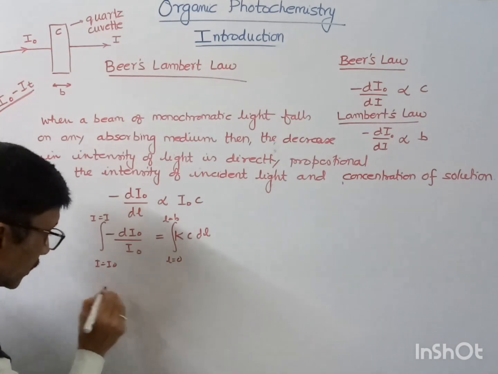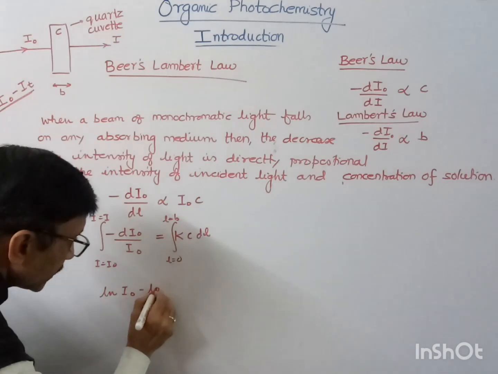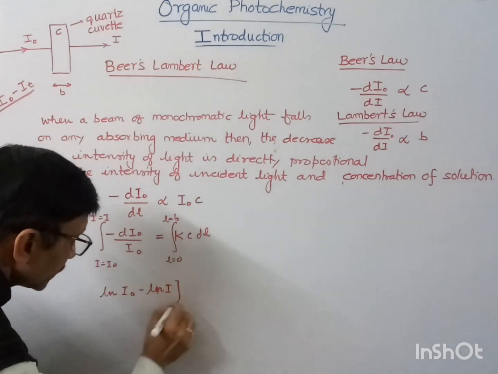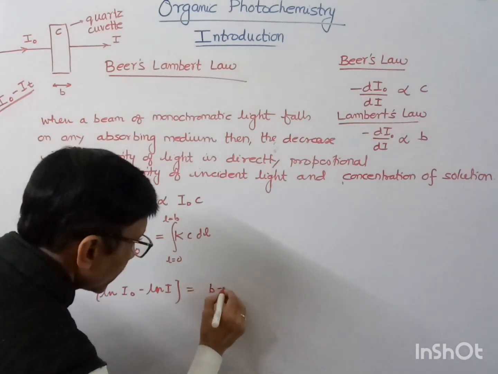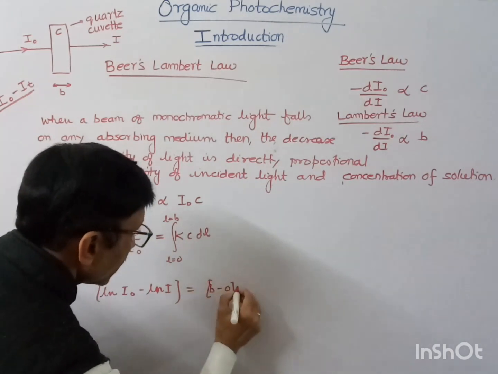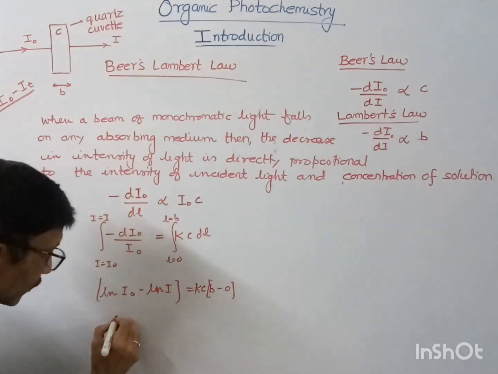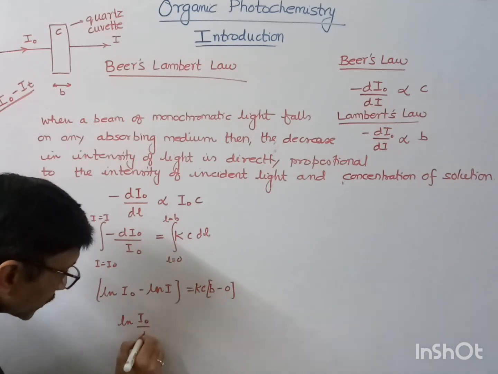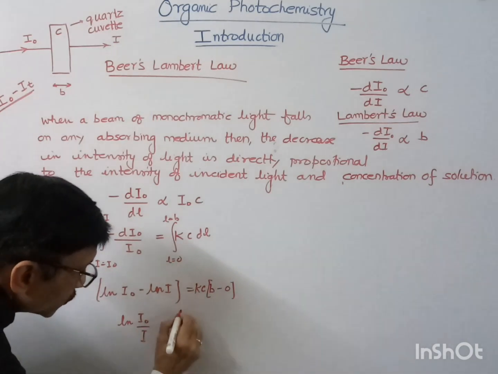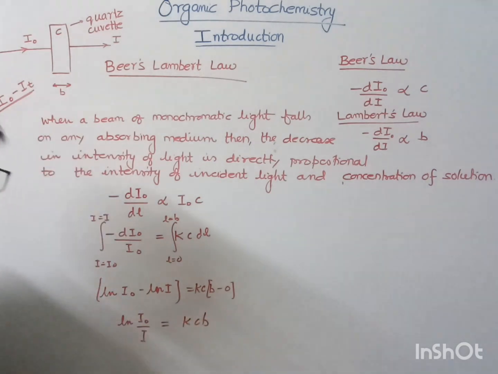So this is equal to ln I naught upon I, which is equal to b minus 0, times K and C. So finally we can write ln I0 upon I equals KCb.